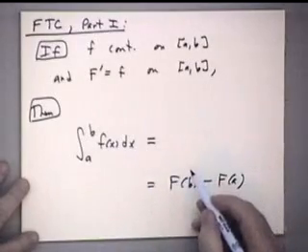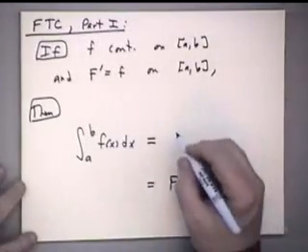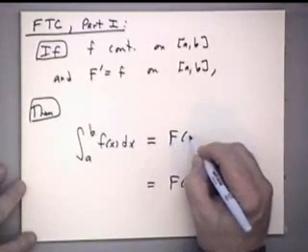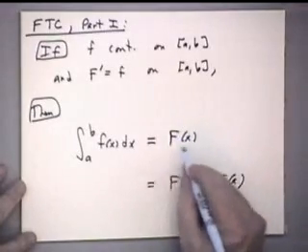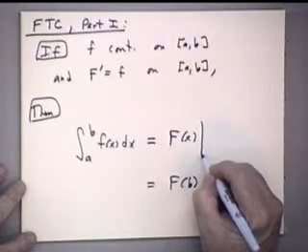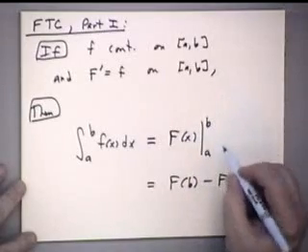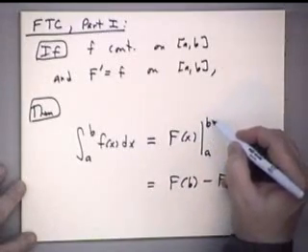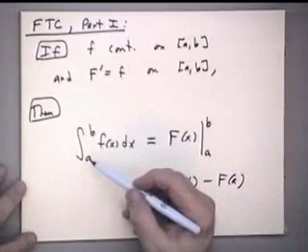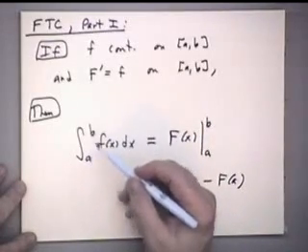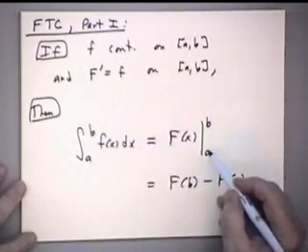But there's a middle notation here that's very helpful. It's helpful to write big F of x, so we have the function without a or b in it. And then we write a vertical bar here with a to b. And remember, we're reading a to b vertically from the bottom to the top, the same way we read definite integrals from the bottom to the top. And this is just a bar.